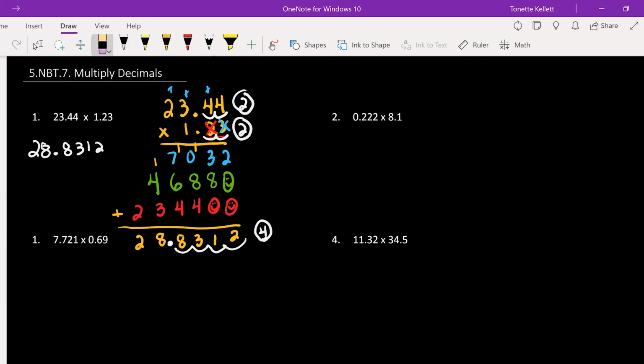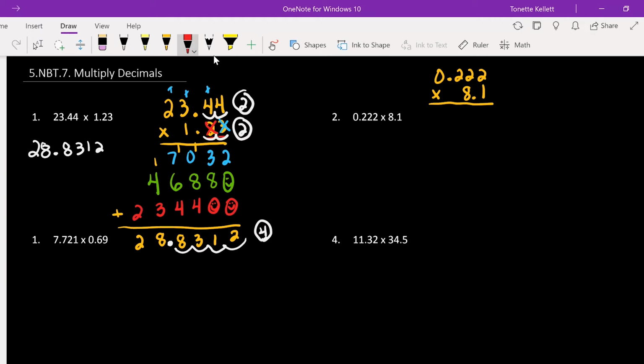All right. Let's take a look at another one here. I'm going to write a little higher this time. 2, 2, 2. And here's an example of where you do not line up the decimals. See how they are not lined up?